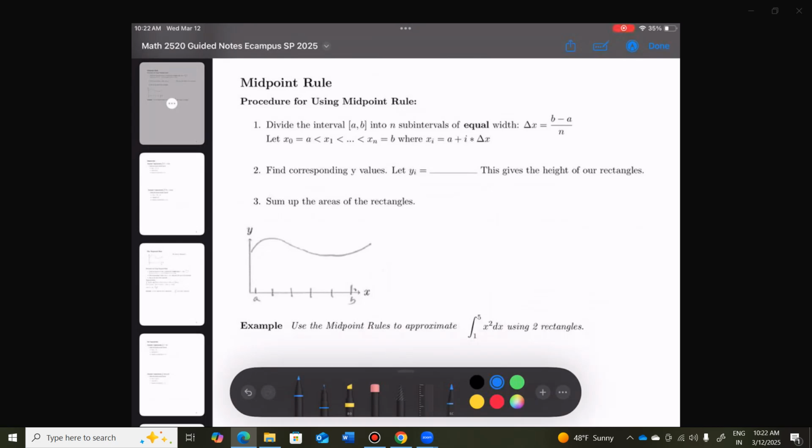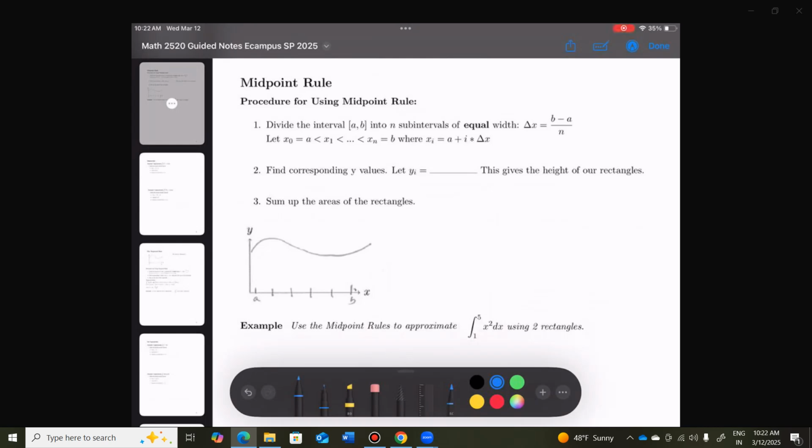And then we're going to let x sub 0 equal a, which is going to be less than x sub 1, which is going to be less than all the way through x sub 2, x sub 3, up to x sub n, which is going to be equal to b. And then x sub i for each of these is found by a plus that delta x.